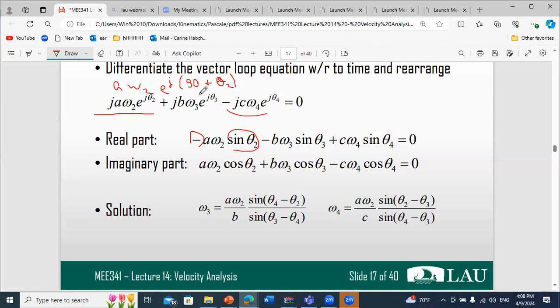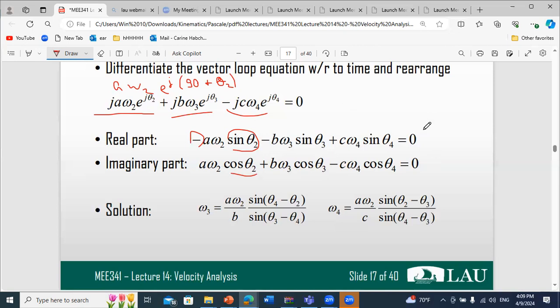And for this part, you have minus minus, so plus C omega 4 sine theta 4. While for the imaginary part, for this vector, the imaginary part is A omega 2 sine(90 plus theta 2), and sine(90 plus theta 2) is equal to cosine theta 2. So the imaginary part of this vector is A omega 2 cosine theta 2. For this one, it's B omega 3 cosine theta 3. And for this one, it's minus C omega 4 cosine theta 4.